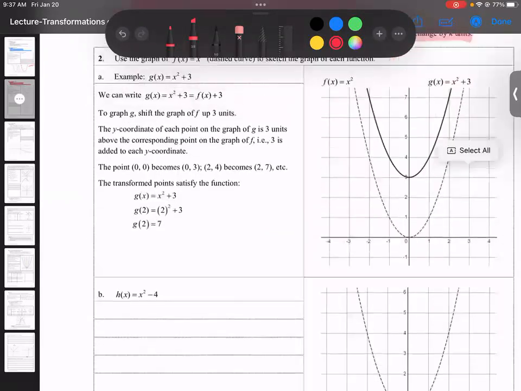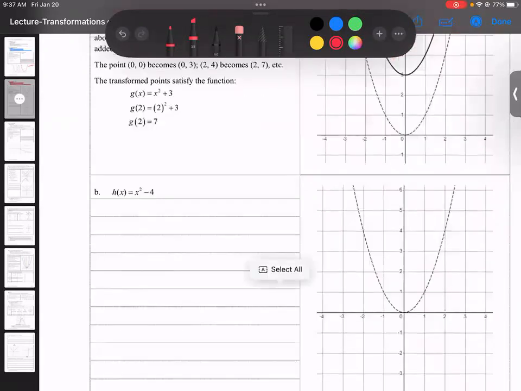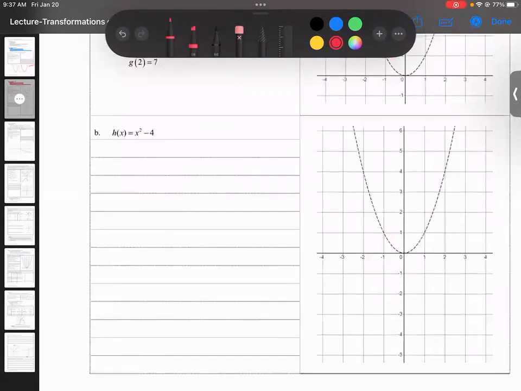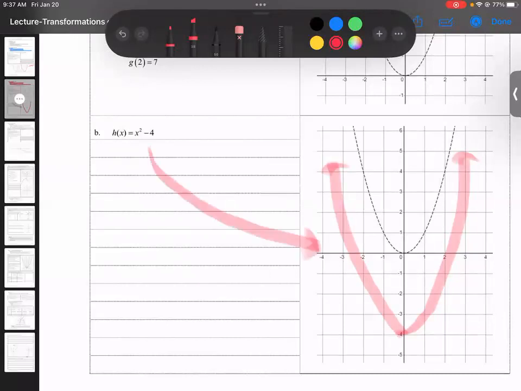So this right here, we all did this. Let's do this one: x squared minus 4. So move down 4 units. Copy and paste. And your vertex now, make sure you put the new vertex. The vertex now will be 0, -4.